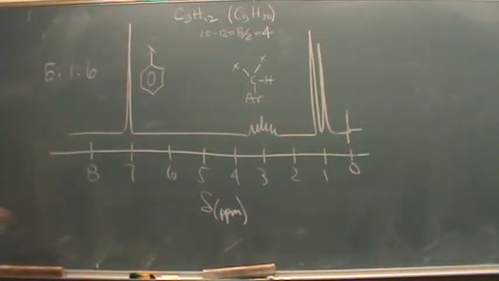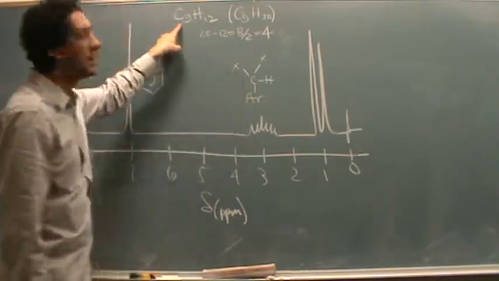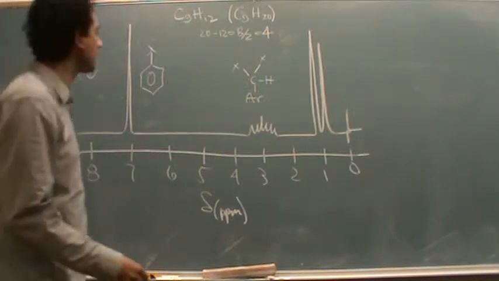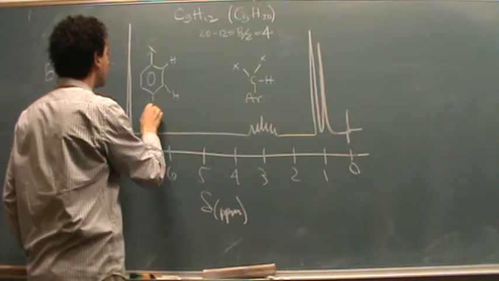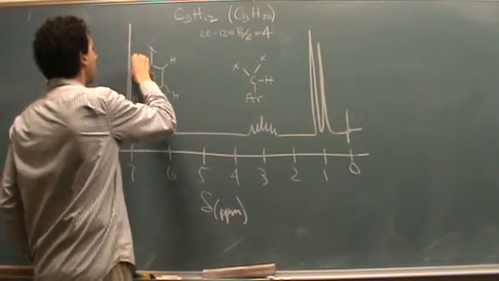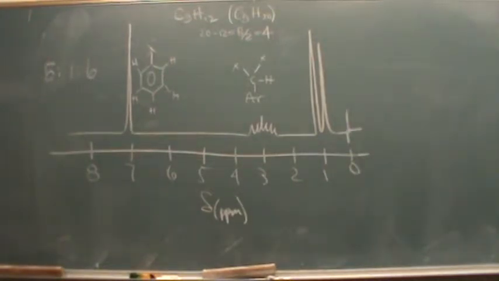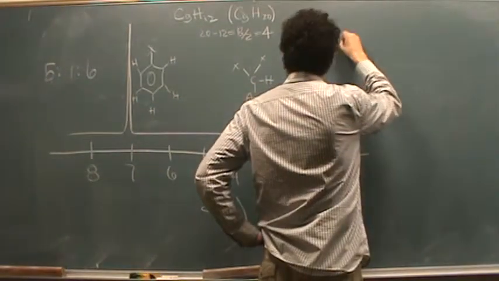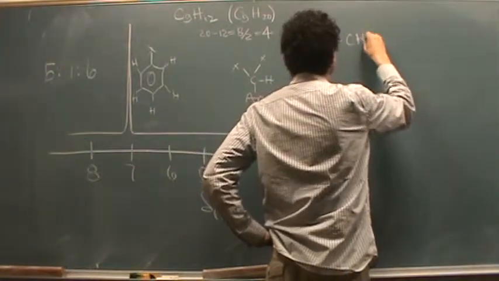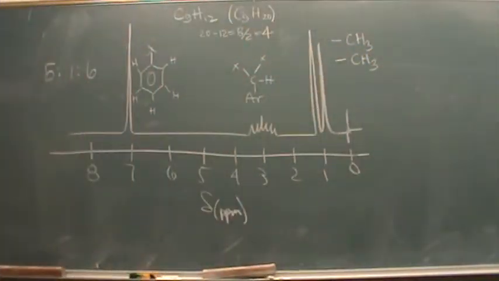Let's see what I've used. I've used 1, 2, 3, 4, 5, 6 carbons here, 7 there. I'm left with 2 carbons left over. There's 5 hydrogens here, 5, 6. I've used 6 of the 12 hydrogens, so it looks like there's 2 carbons and 6 hydrogens left. To make this symmetric, most likely it's 2 CH3s.